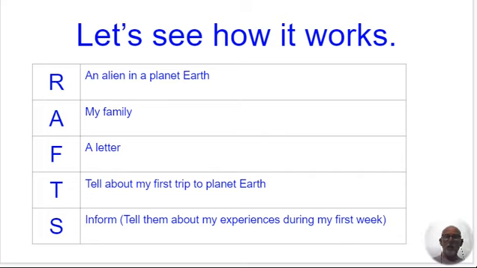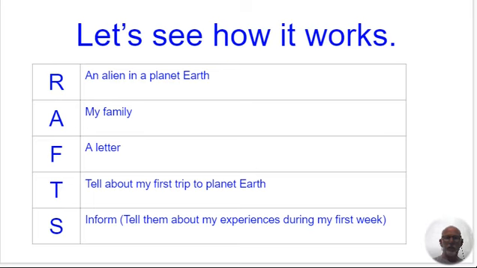The format I'm going to use is a letter. And my task is I'm going to tell about my first trip to planet Earth. And the strong verb I'm going to use is to inform. I'm going to tell them about my experiences during the last week.